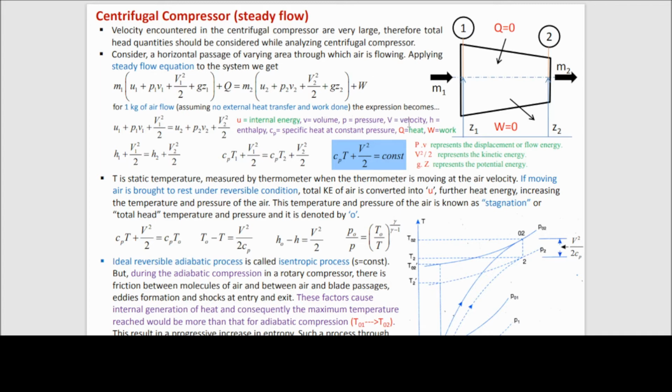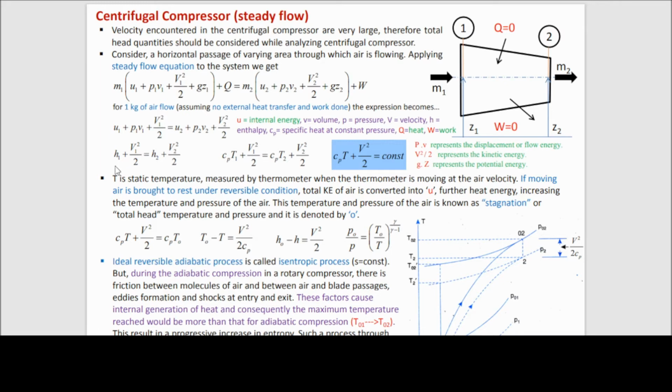P is the pressure, V velocity, H is the enthalpy, Cp is the specific heat at constant pressure. This specific heat at constant pressure consists of internal energy as well as the flow energy. So Cp dT will be exactly the enthalpy only. You would have studied everything in the thermodynamics class. Q is the heat and W is the work transfer, or Q is the heat transfer rate.